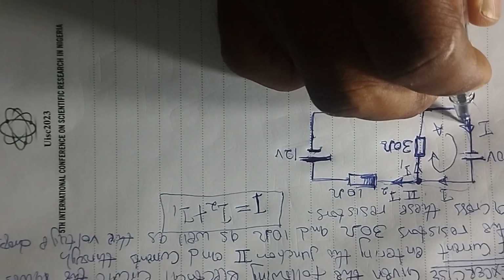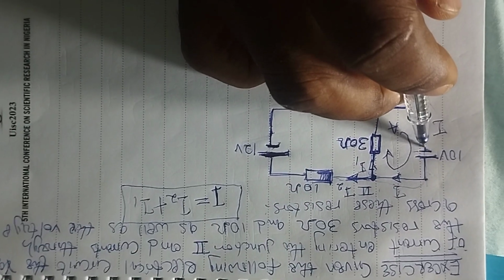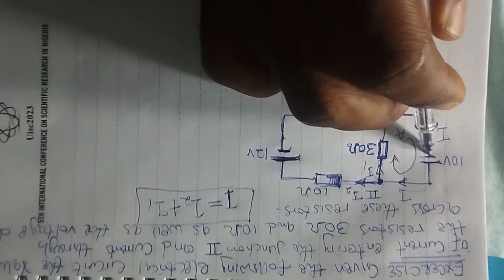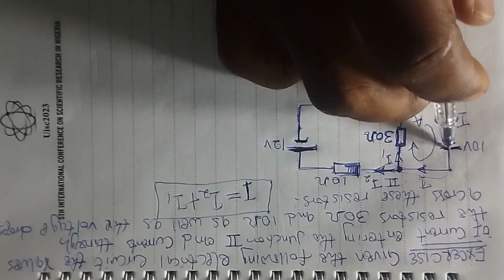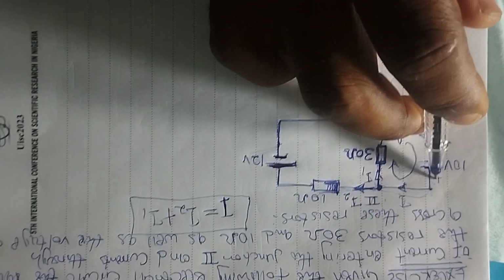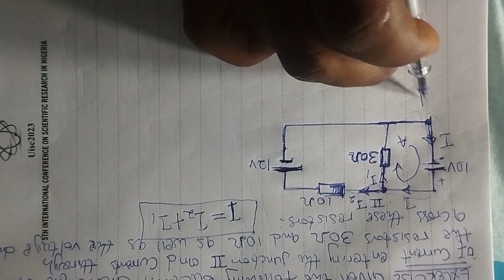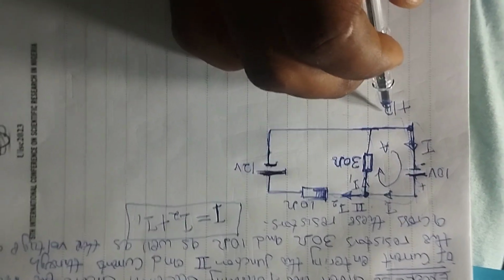If I'm starting from here, this current is moving from the low terminal of the cell to the high terminal of the cell. So there is a voltage rise here, because it goes from negative to positive. So I'll write it as 10 volts.